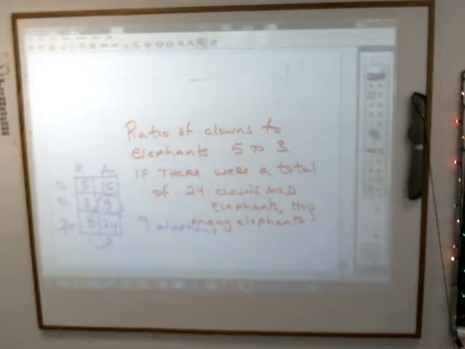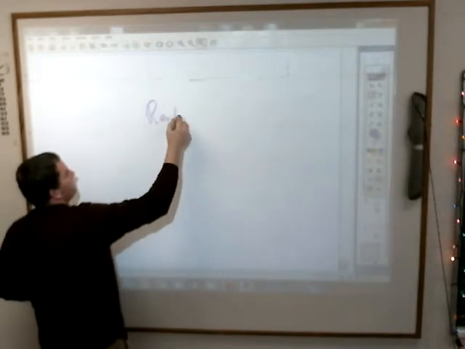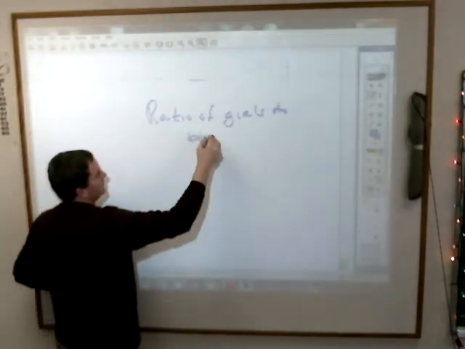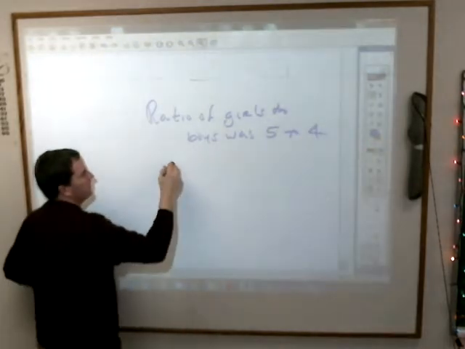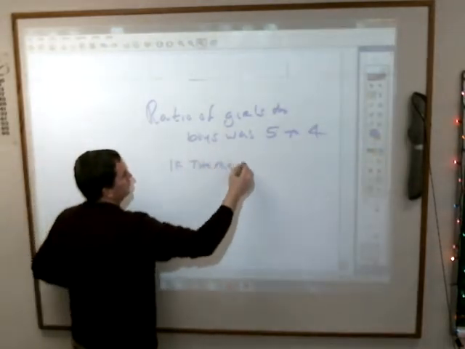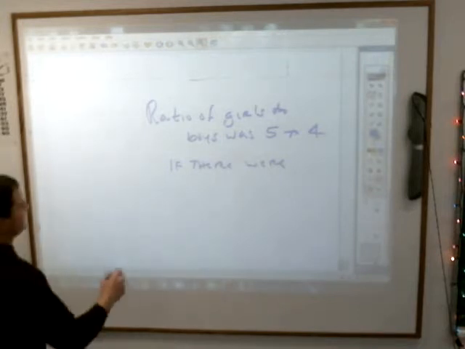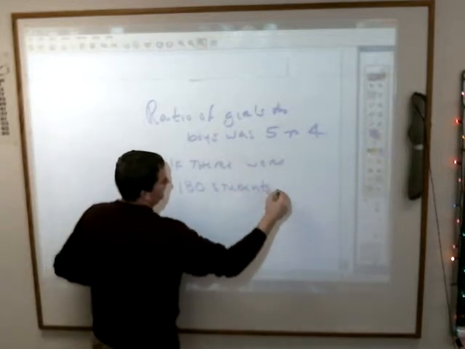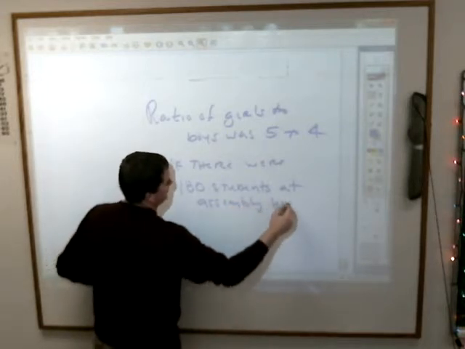Last one. The ratio of girls to boys was 5 to 4. If there were 180 students at the assembly, how many boys and girls were there?